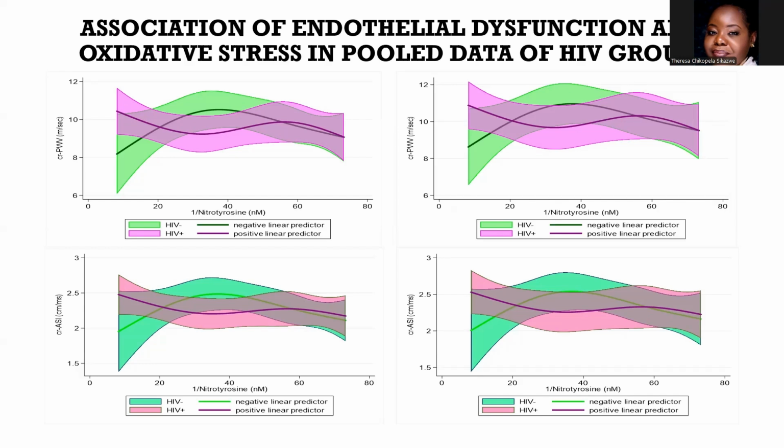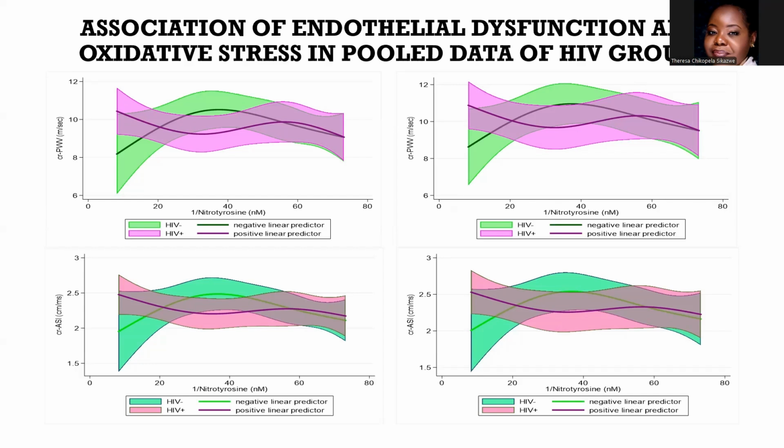However, let me draw your attention to how both the HIV negative and HIV positive groups were moving with increase in oxidative stress. If you look at the x-axis, we are at 1 over nitrotyrosine. So when I say increase, I'll be moving from right to left. We see that in the initial phases, when there's an increase in nitrotyrosine, there is also an increase in endothelial dysfunction in both HIV negative and HIV positive.